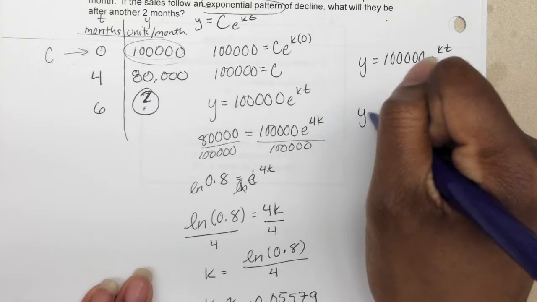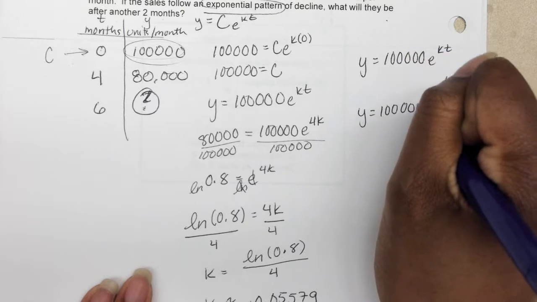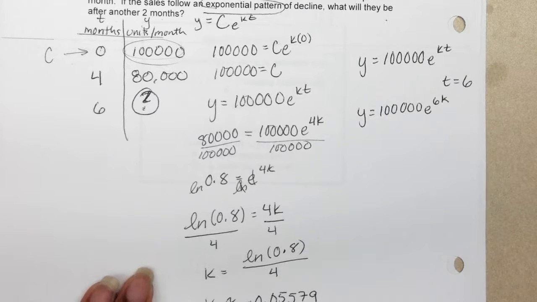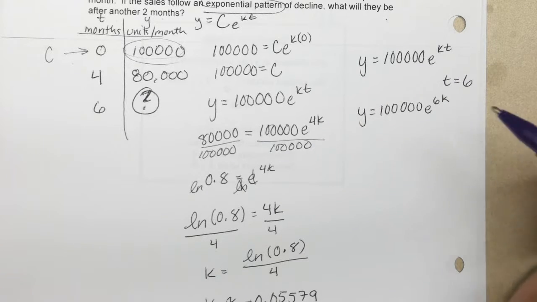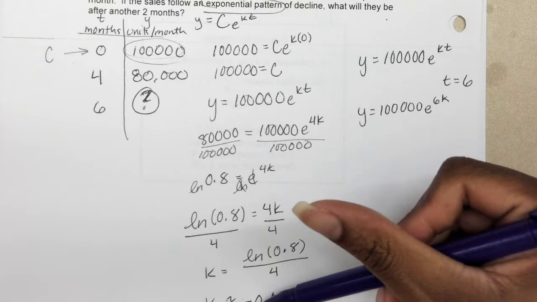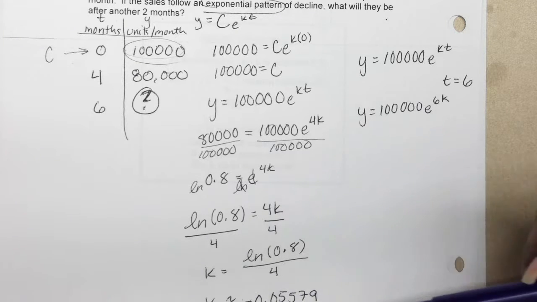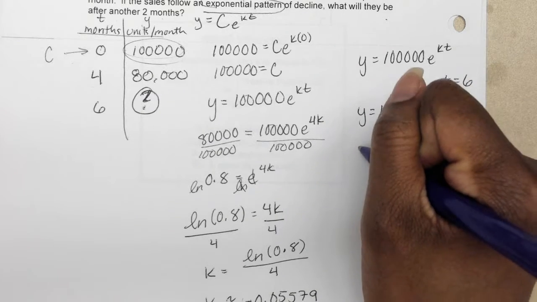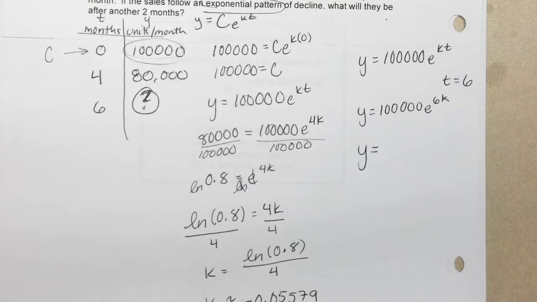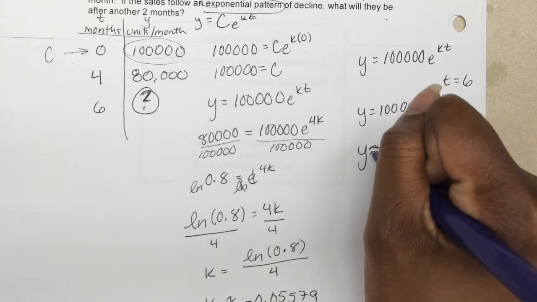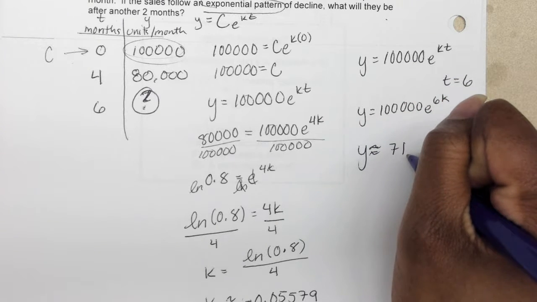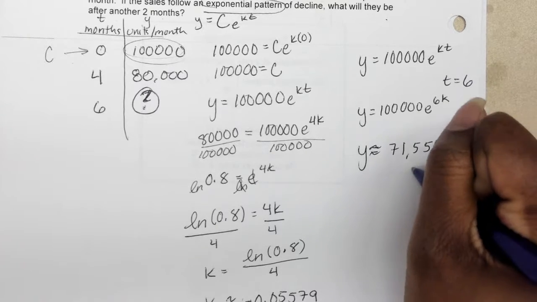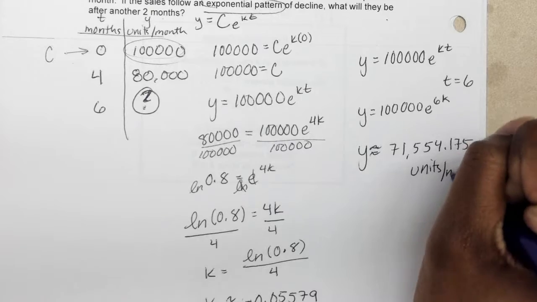So we have y equals 100,000 e to the 6k, and we know k is negative 0.05579. When we plug that in for k and type it into our calculators, we'll get that y is approximately 71,554.175 units per month.